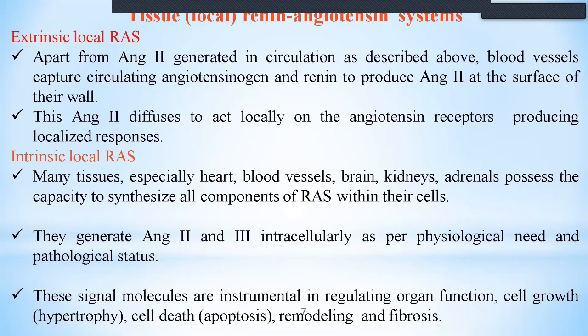So these signal molecules are instrumental in regulating organ function, cell growth or hypertrophy, cell death or apoptosis, remodeling of the cells, and fibrosis. All these are mediated by the renin-angiotensin system.